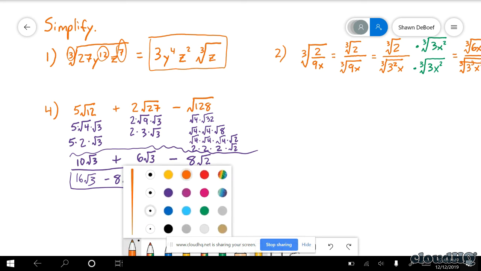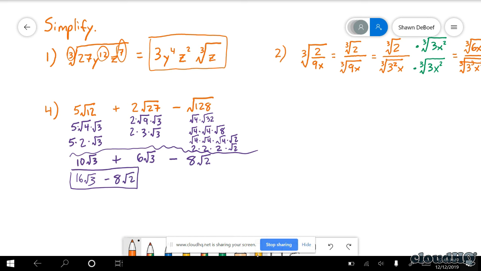All right, let's jump into the other type of fraction. Four plus the square root of 2 over square root of 2 minus 3.